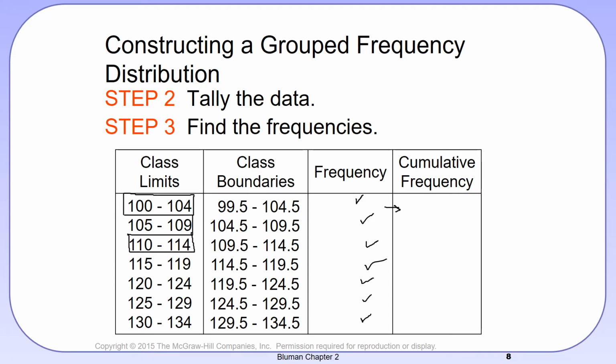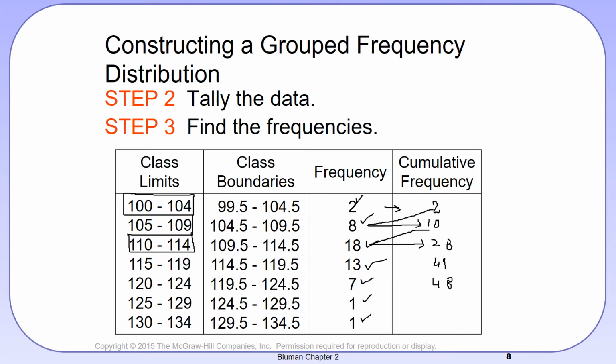For cumulative frequency, write down here 2, then 2 plus 8, the answer is 10. Then 10 plus 18, the answer is 28, and then 28 plus 13, the answer is equal to 41. 41 plus 7, the answer is equal to 48.